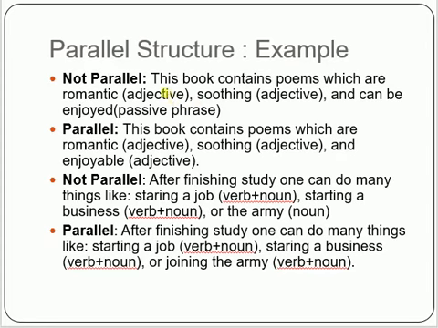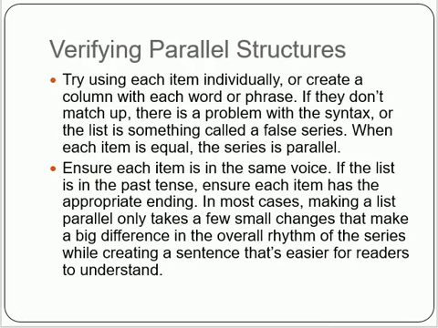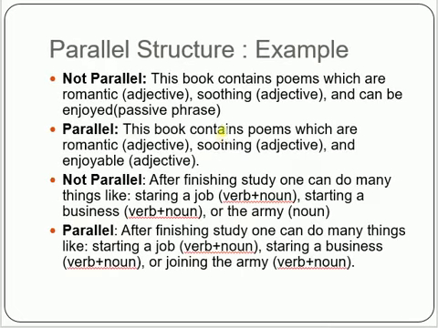This book contains poems which are romantic, one item; soothing, another item, adjective; and enjoyed, passive phrase. So here we see that this is a false series. Then how can it be a parallel structure? With enjoyable: romantic, soothing, and enjoyable are all adjectives.